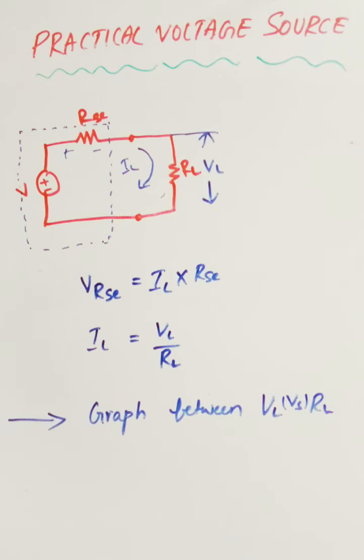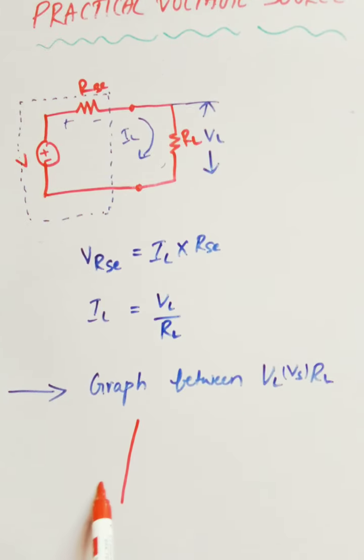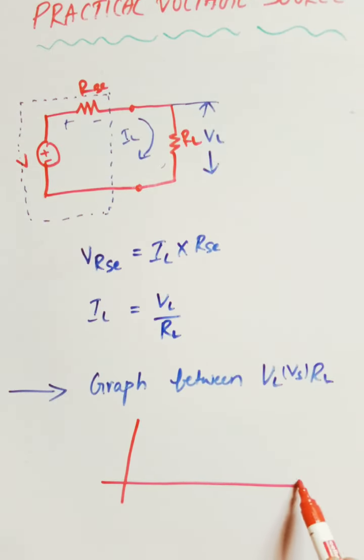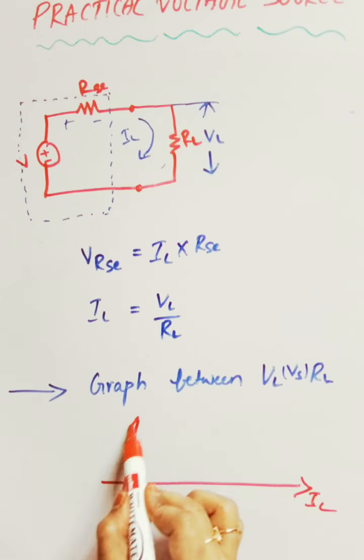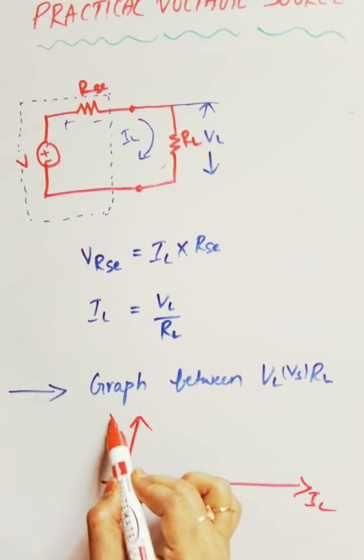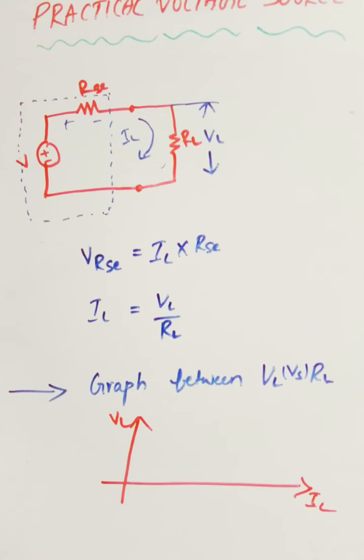This is the load current IL, this is the voltage VL, which I can say is the VI characteristics of the practical voltage source.